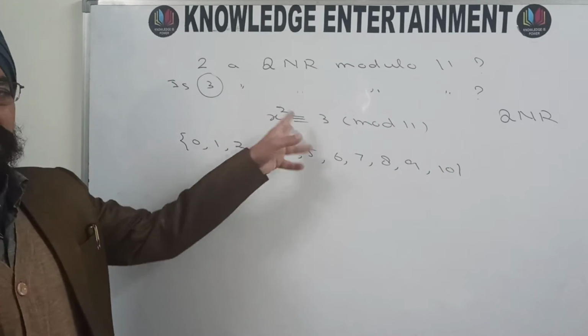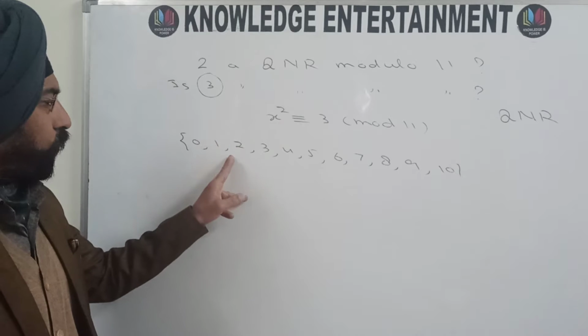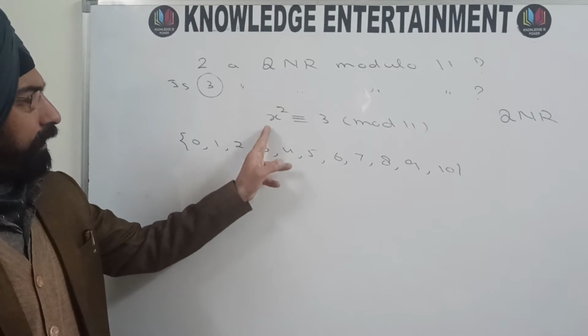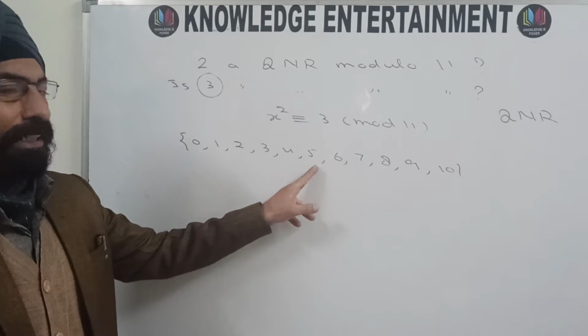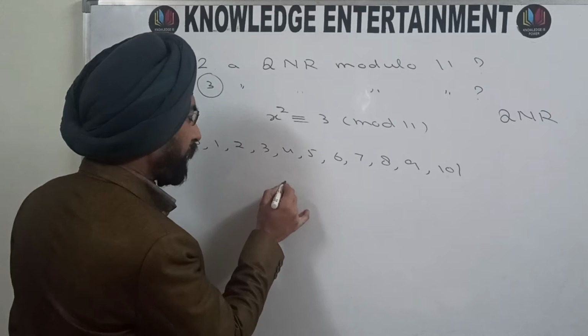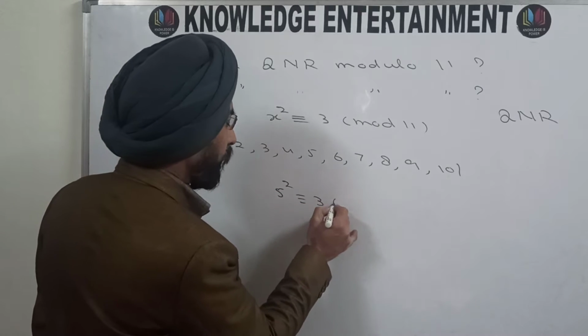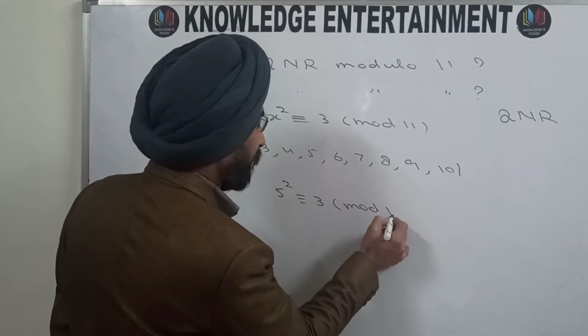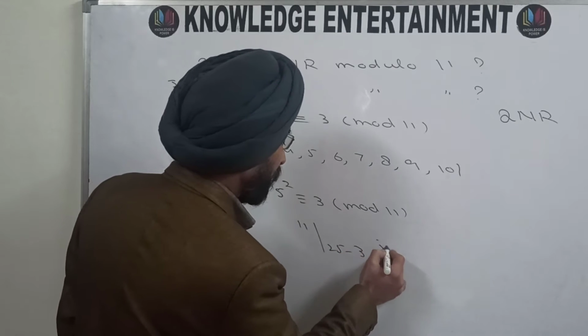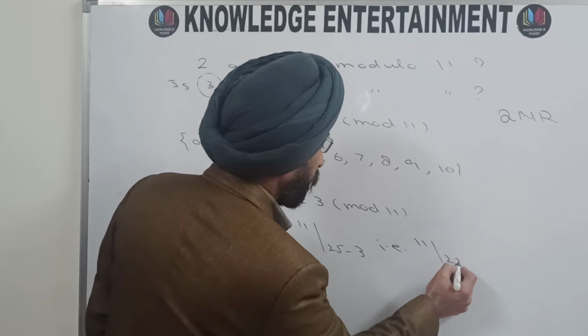0 does not satisfy this equation, 1 does not satisfy, 2 does not satisfy, 3 does not satisfy, 4 does not satisfy, 5. Yes, 5 satisfies this equation because 5 square congruent to 3 modulo 11 is true, because 11 divides 25 minus 3, that means 11 divides 22.